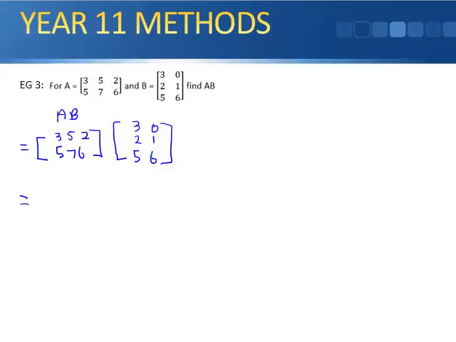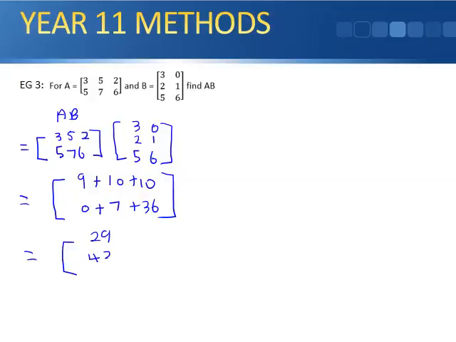I won't actually put the pluses in between them. When I work this out, I know I'll do 9 plus 10 plus 10, and the other one is 0 plus 7 plus 36. So I get an answer of 29 and 43.